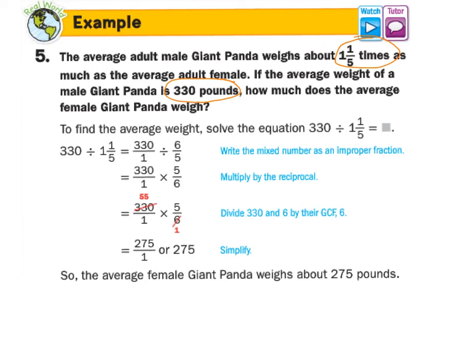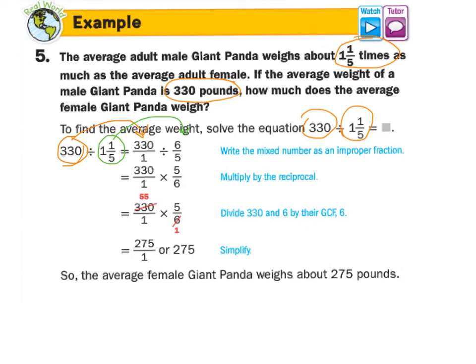So we're going to take this total amount of 330 and divide by the 1 1/2. So to start off, we take the 330 and we place it over 1. And we rewrite our mixed number as its improper fraction, which is 3/2.